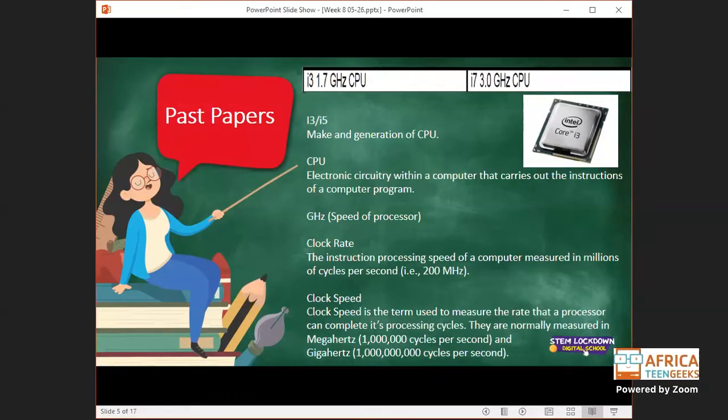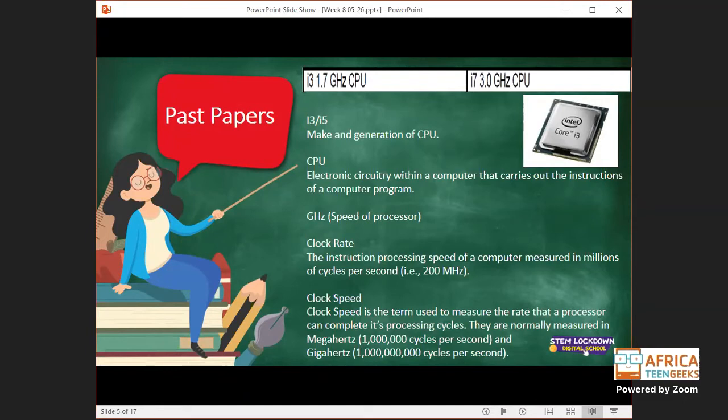It just shows you the clock rate and the clock speed. Okay, now normally they don't ask these two, but just in case, you'll maybe have a little bit of a better understanding. So clock rate is the instruction processing speed of a computer measured in millions of cycles per second.